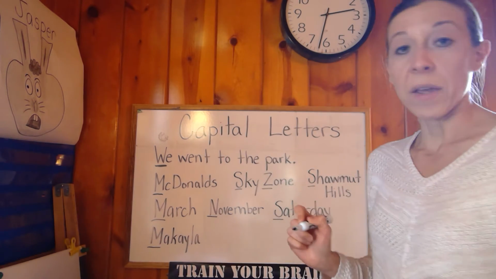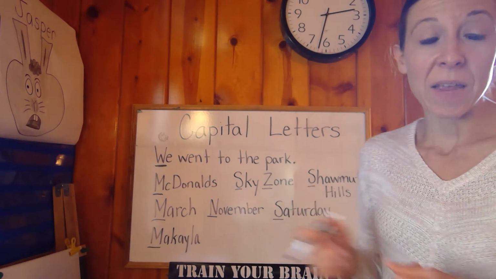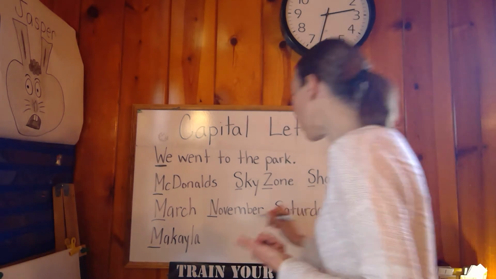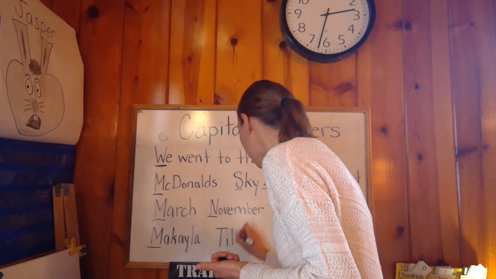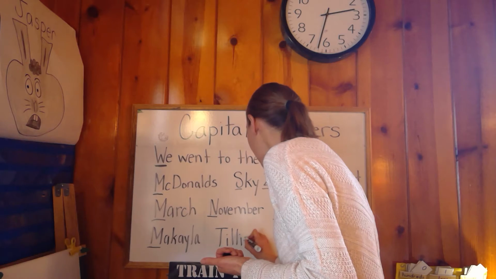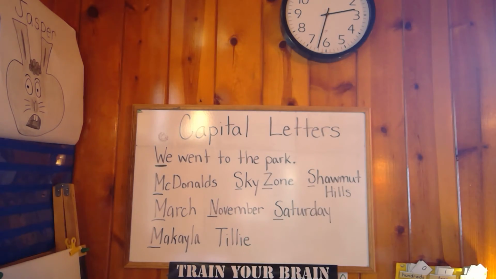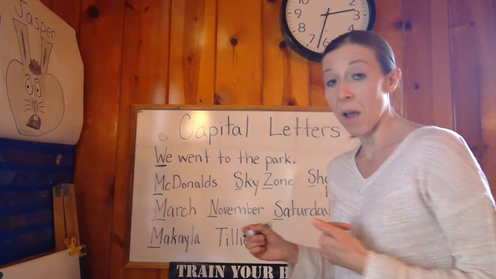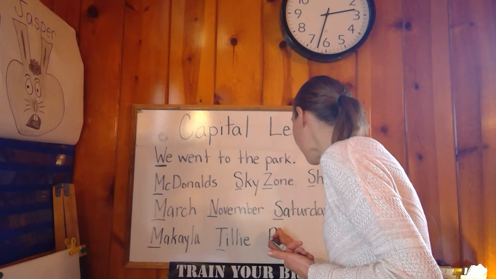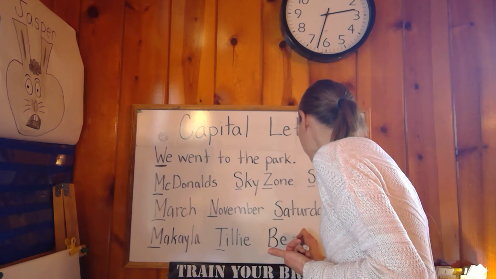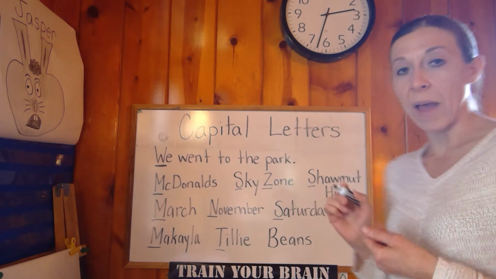Or if I was talking about Tilly in the story, A Fine, Fine School, Tilly would need a capital letter because that is her specific name. Or there was a dog in the story, and the dog's name was Beans. Because I'm writing the dog's name, it has to start with a capital letter.